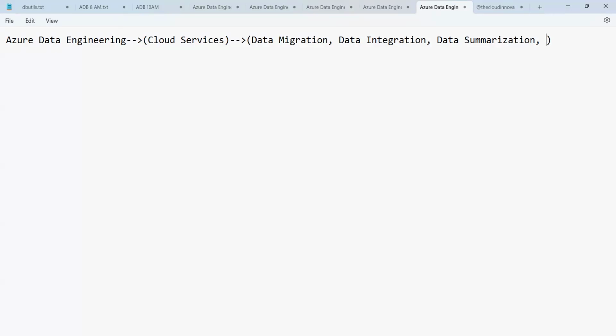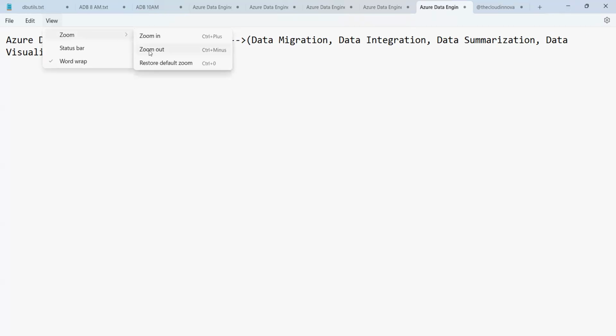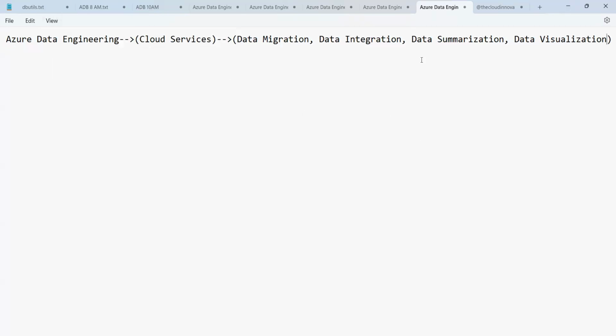Then again we have data visualization. So hence, these are all the jobs we can perform by using Azure data engineering.